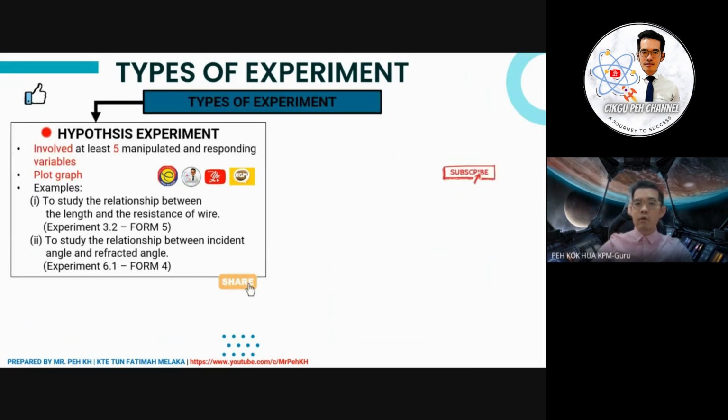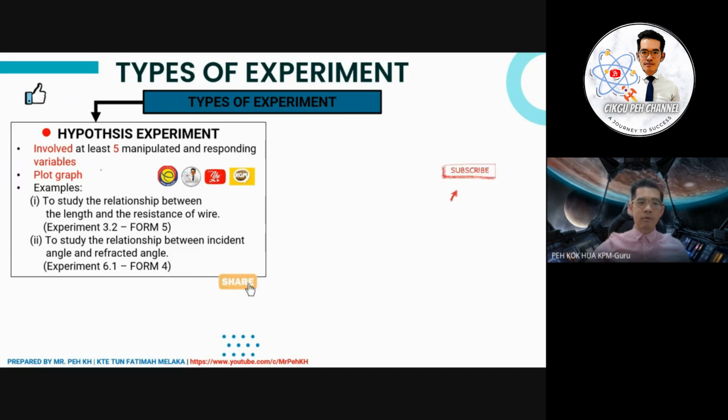If you already followed my previous video, you must already know that there are two types of experiments you are going to see in paper 3. So this will be the hypothesis experiment, which involves MV and RV in your experiment. And normally the question will ask you to plot the graph from the data you get from your experiment.